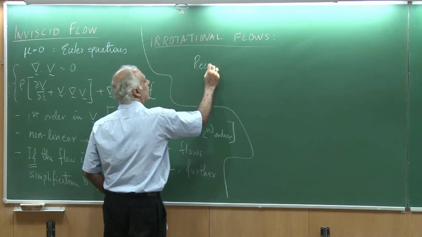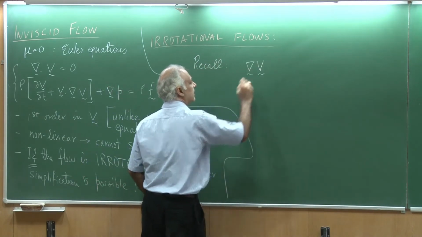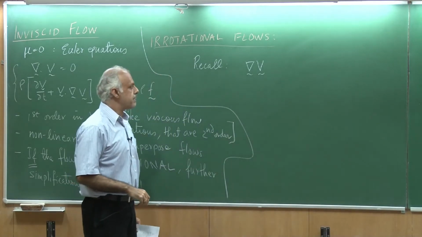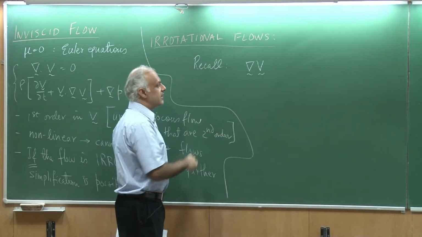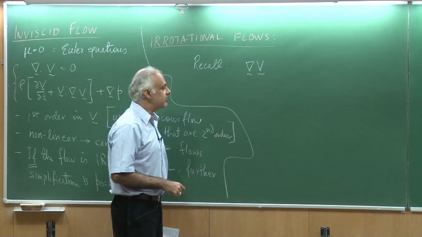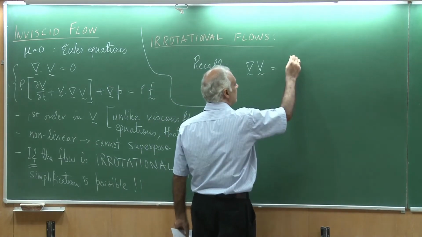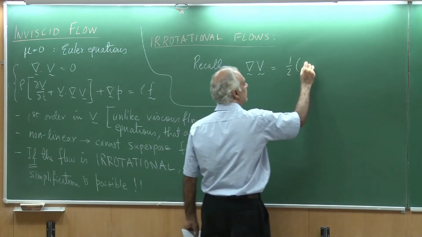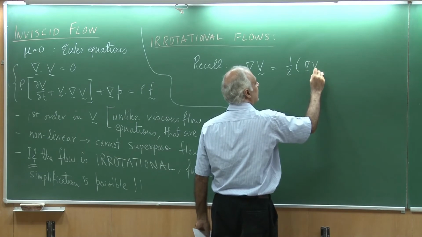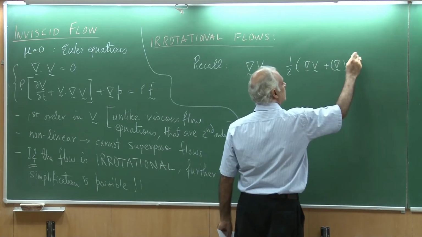So, kindly recall that if I talk about the gradient of velocity, okay. So, I have a velocity field and gradient tells me how it is varying in different directions. This we said we could decompose into a symmetric part. So, there was a gradient of V plus a gradient of V transpose.